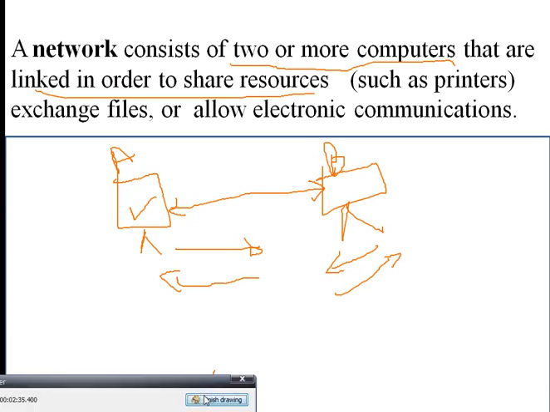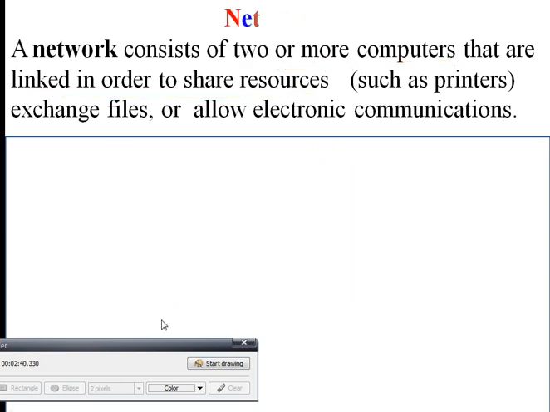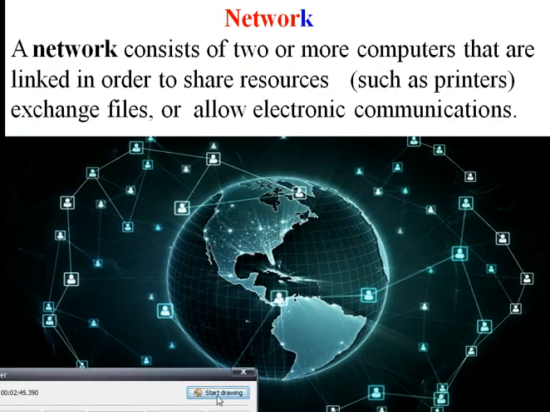Okay, next one is the internet. The internet is nothing but a network of networks. I can say a network of networks is called the internet, because if there is a connection from one place to another place, we can call it the internet.